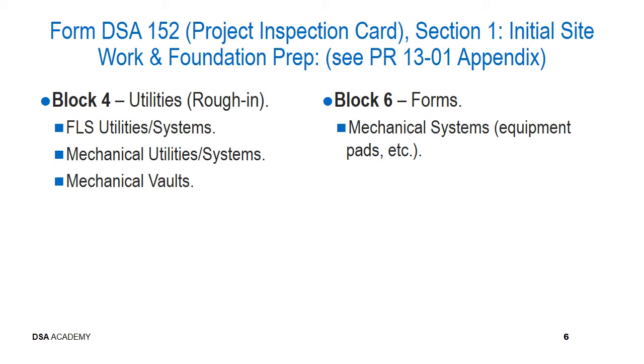Block 6, which is basically the section that covers concrete forming, may also have some information that needs to be documented by the project inspector, specifically anything that has to do with mechanical systems, such as equipment pads that may be installed for mechanical equipment to be mounted.